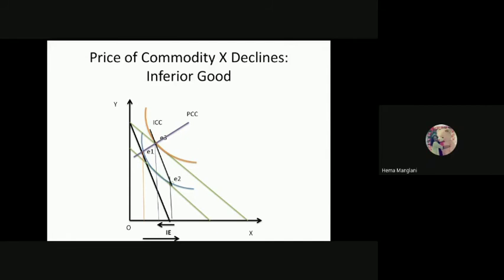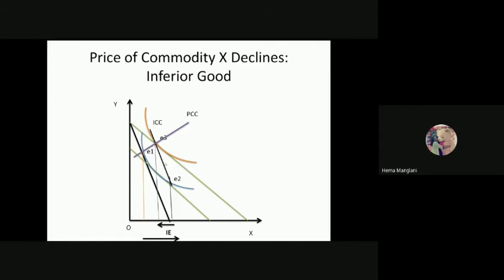Now what happens further? At this situation the consumer realizes their real income is increasing. As the inferior good says, as your income is increasing, you like to consume less of those commodities which are inferior. Earlier you were consuming more of Y and less of X, and after the substitution effect, you realize your income is now increasing and X is an inferior good, so you would like to consume it less.